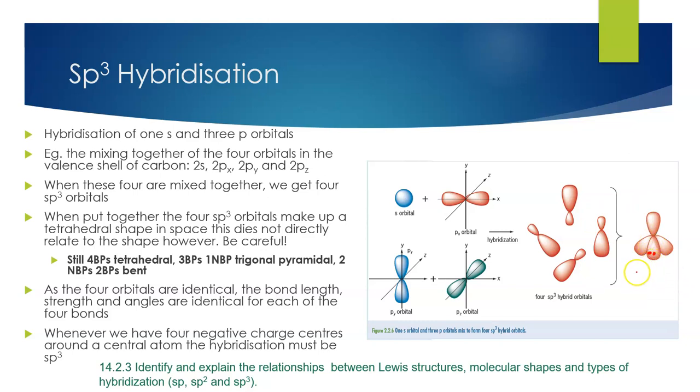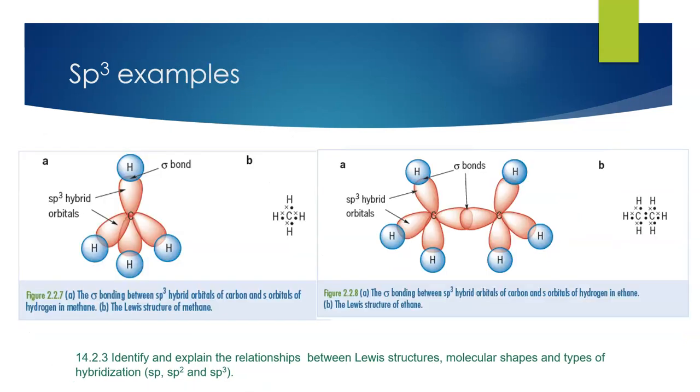So we could have an sp3 hybridized nitrogen where we have the lone pair and 3 bonding pairs in ammonia. Okay, but if we have 4 negative charge centers around the central atom, we have sp3 hybridization. So we can see a typical tetrahedral bonded carbon in methane would be sp3.